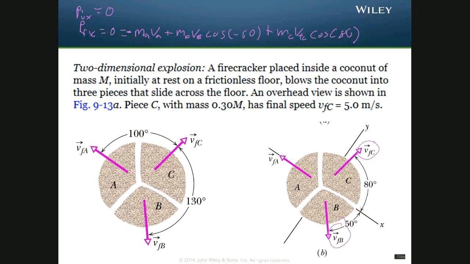All right, so we know all of these things except VA, right? And so we just now have one equation, one unknown, and we can solve for VA and readily get the answer there. And the answer there, if you're wanting to check it out, for the A piece is 3.0 meters per second. That is the speed of piece A. Okay.